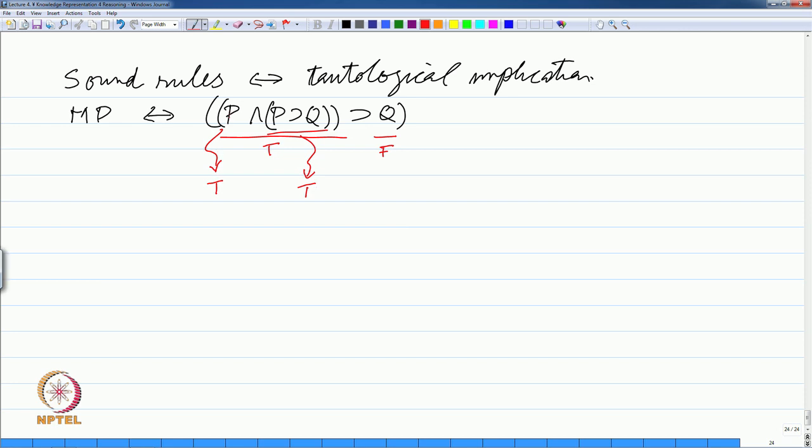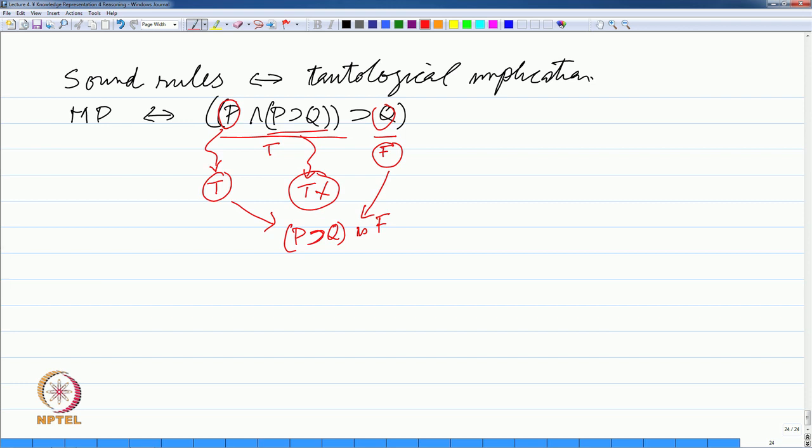So, if we are saying that P is true and Q is false, then P implies Q is false by the truth table, because true implies false is false. That is the only case where an implication sign is false and therefore, this is false, this cannot be true and therefore, we cannot make the whole formula false essentially.